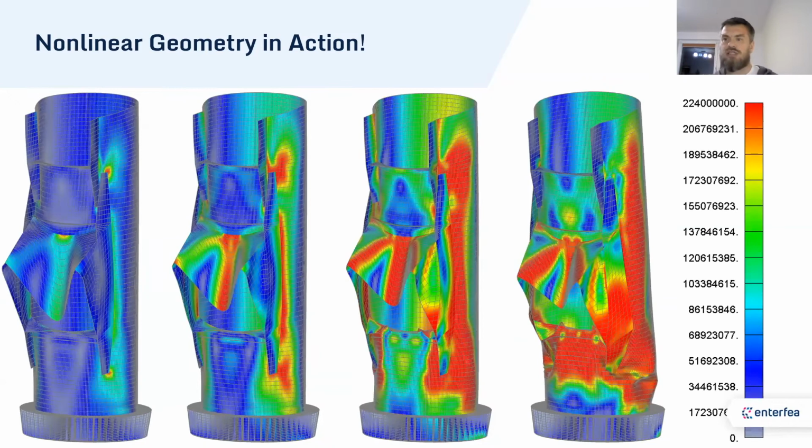But if we include both yielding and buckling in the same model, this is how it would look. And you can clearly see the failure on the right. And I think I don't have to convince you that this looks realistic as a failure mode, unless it looks realistic to me because I've spent my life analyzing structures like this.